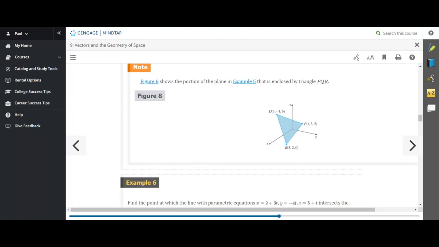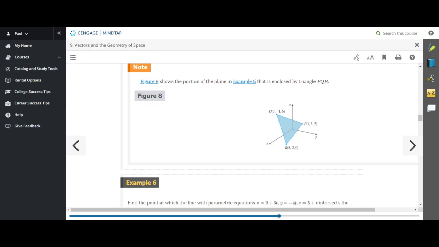Okay, so can we find 2 vectors in the plane? Can we find the vector PQ and the vector PR? Could we find those 2 blue vectors? They lie in the plane.